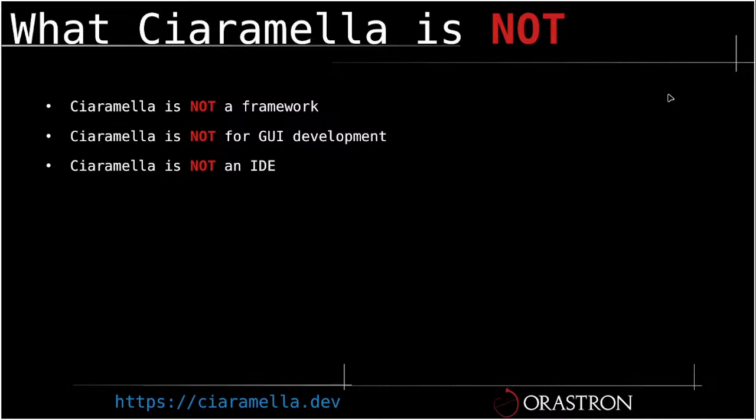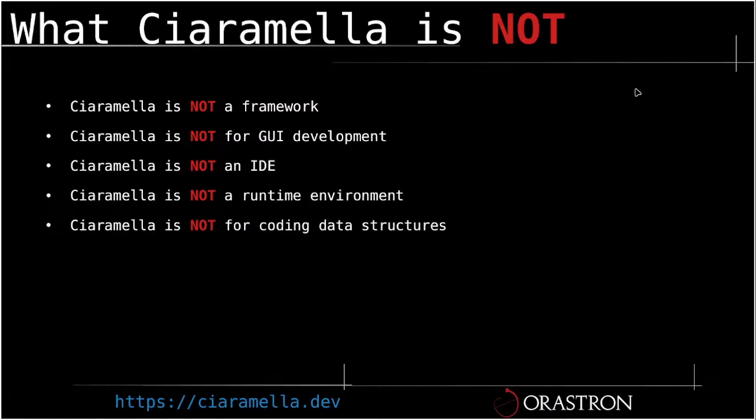You don't expect us to provide you with tools that are better than those that exist already in terms of editing. It's not a runtime environment, which we will see later, but essentially the code is not run inside the runtime environment, but it's actually translated into code that you can use afterwards in whatever is your project.